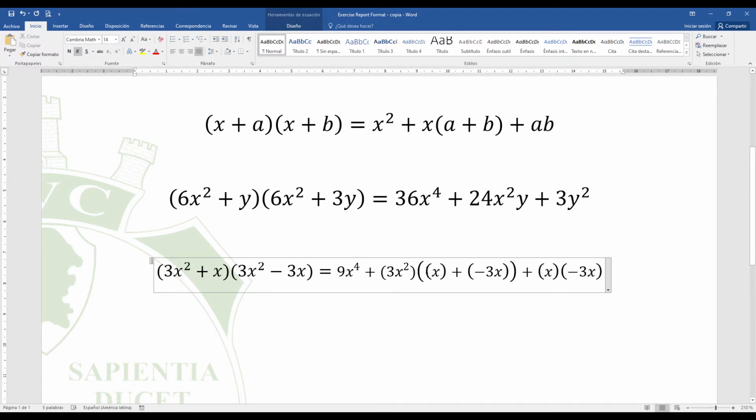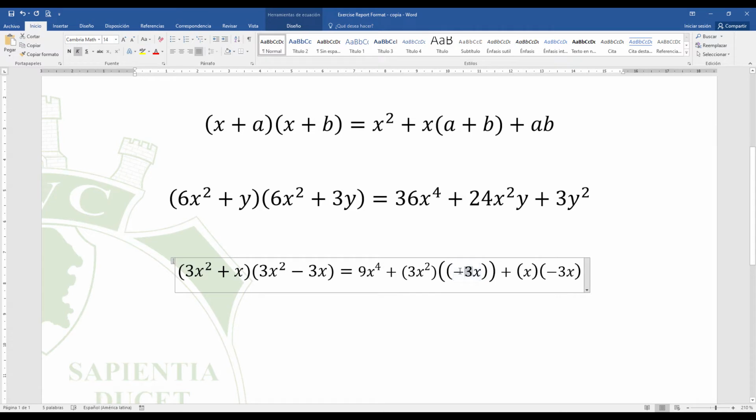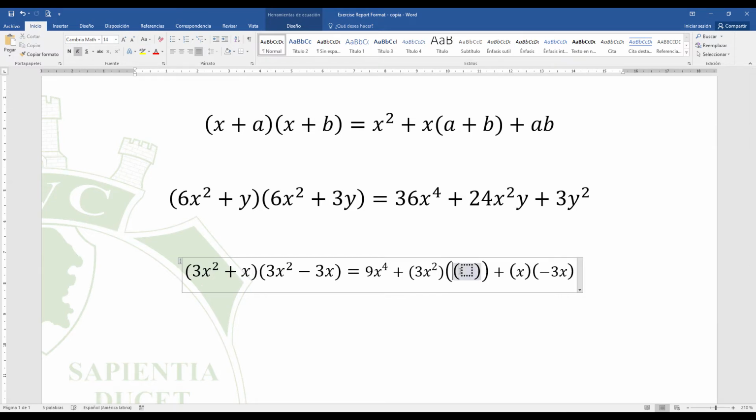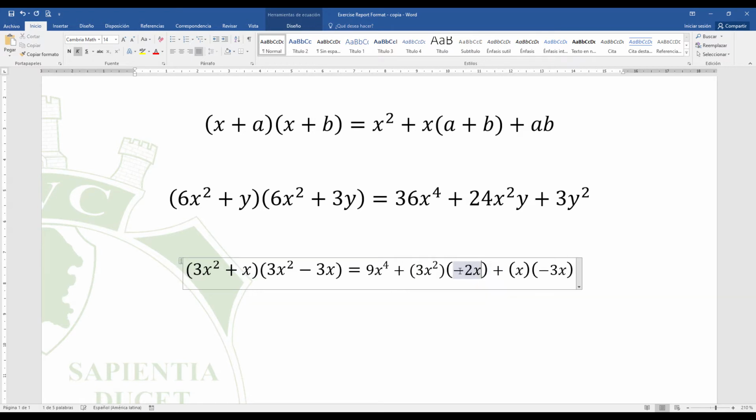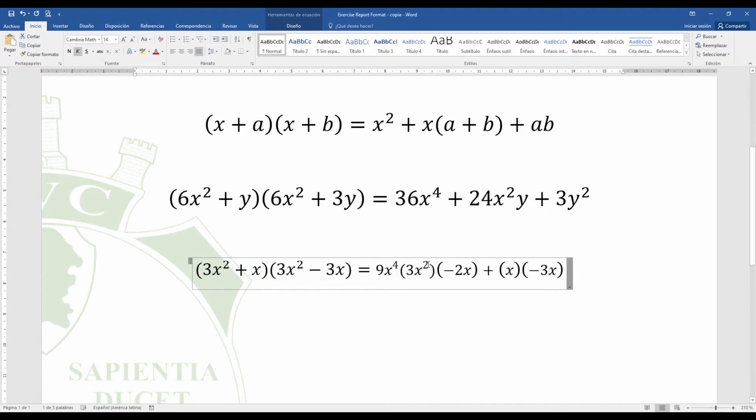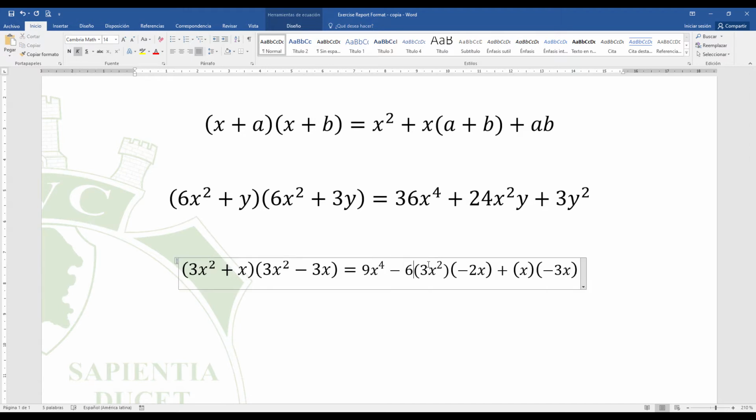And here you need to add, well, in that case it's a subtraction. This is minus 2x. Now you need to multiply here. In that case it's minus 6x squared. No, this is cube.